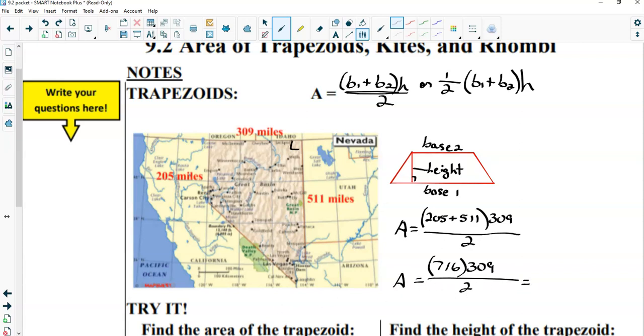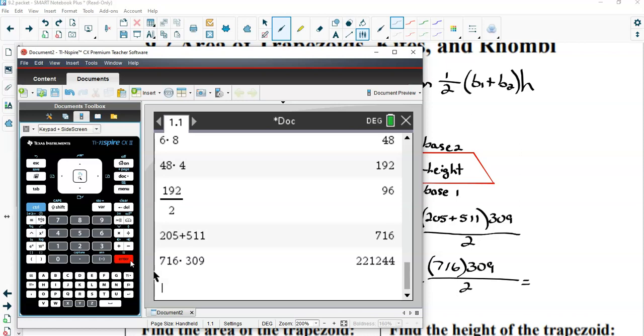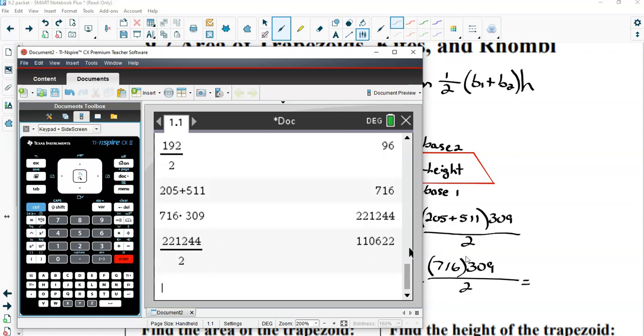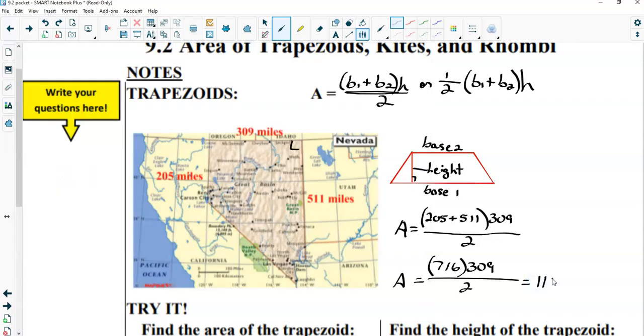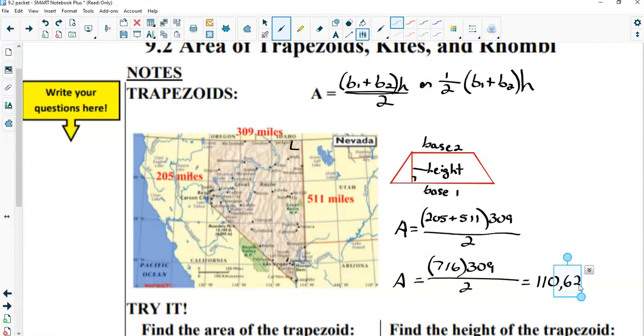Okay, so take this times 309 and divide that by 2. That gives me a total of 110,622 square miles. And that would be the total area.